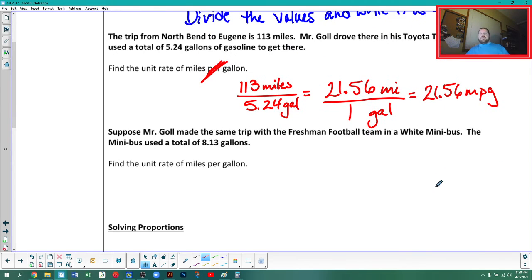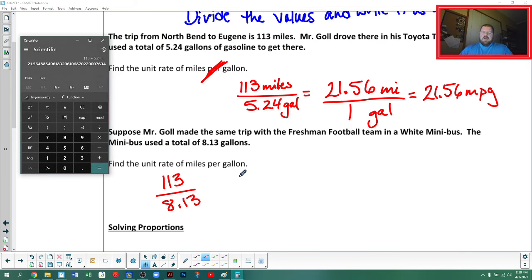Next one says, suppose Mr. Gall made the same trip with the freshman football team in a white minibus, one of our activity buses. The minibus used a total of 8.13 gallons. So we're going to do the same thing. 113 divided by 8.13. Pull my calculator back out. Do the division.